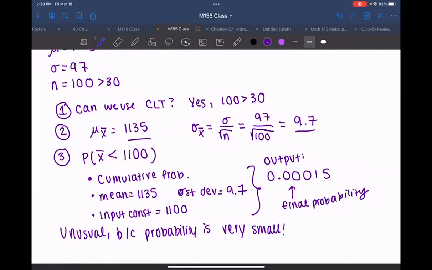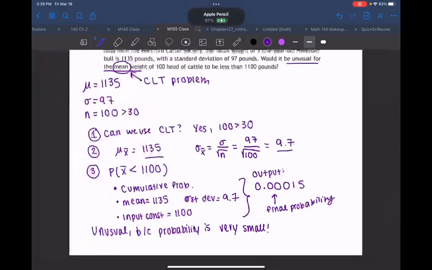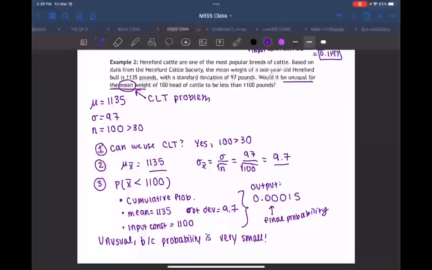Okay. So, any questions on this example here? All right, well, that kind of sums it up for the central limit theorem. Very important theorem, and it's very important to tell if we're using the central limit theorem in a question or not using one in a question. But remember, just check to see if the question is asking for the probability of something or the probability of the means. Okay. Does anyone have any questions for me?